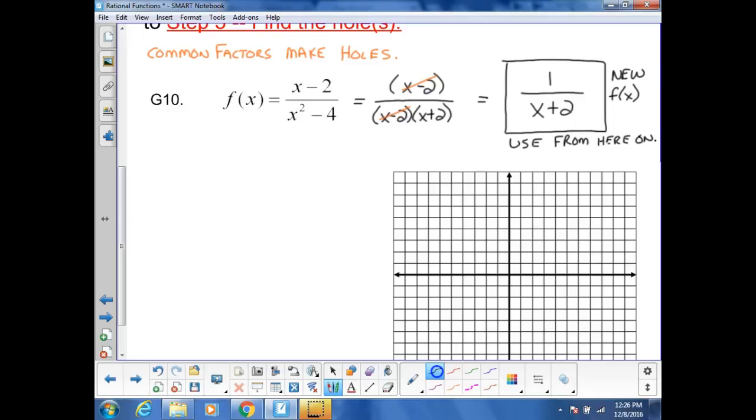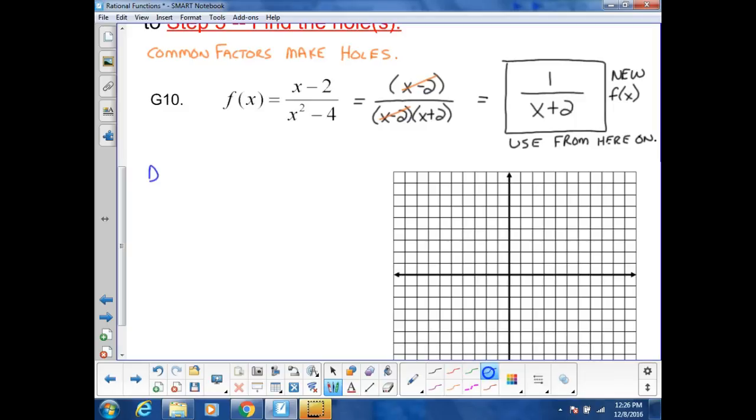Because my original one has 2 vertical asymptotes, which means in the middle, I'm either going to be a parabola or a snake. My new function only has 1. So now I'm just going to be kind of like those exponential type ones on either side, but one of the sides is going to have a hole.